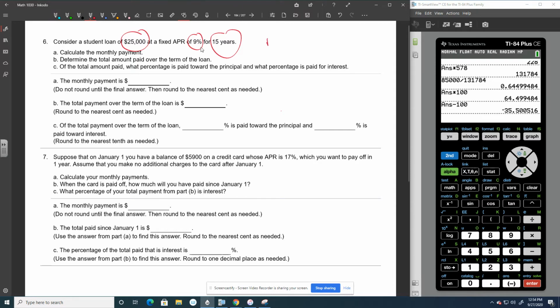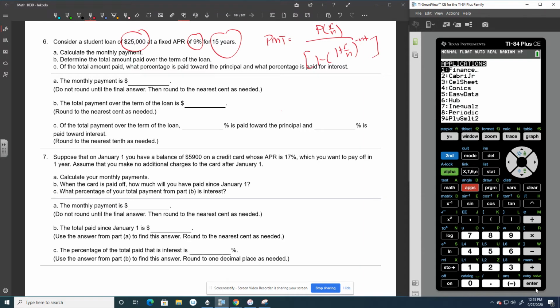So we use that payment formula for amortizations, and it's P times the R over N all over bracket 1 minus parenthesis 1 plus R over N, close parenthesis, raised to the negative NT, close bracket. So you can plug that information in to figure out what your monthly payment would be, or you can always use the application, the finance app there.